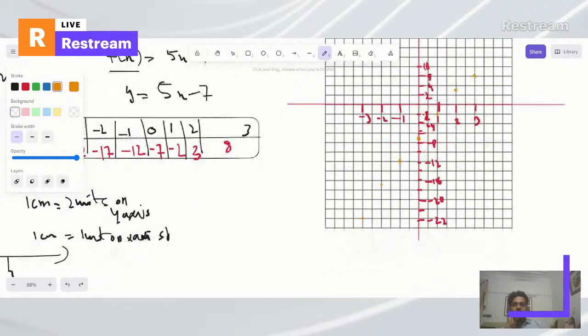So now I'm going to make a straight line over it.